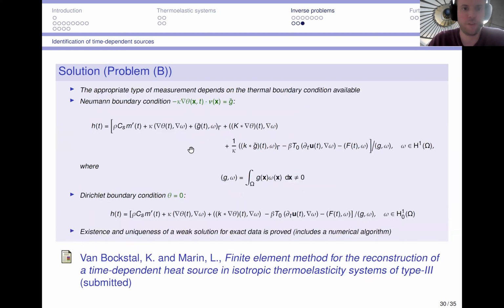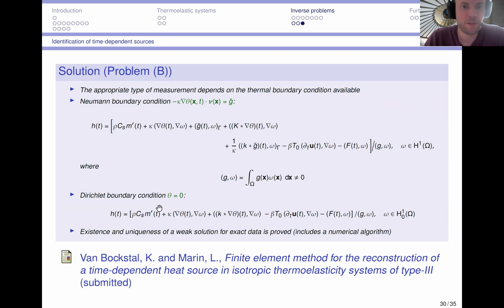This is difficult. But an alternative approach here is to follow the ideas from Cannon and Prilepko before, that we transfer derivatives to the weight function. So in the case of a Neumann boundary condition, you can get this expression for h of t. The weight function belongs to H1, so this integral should be non-zero.